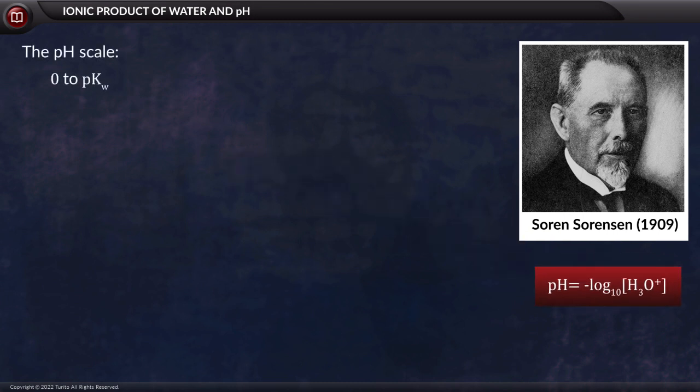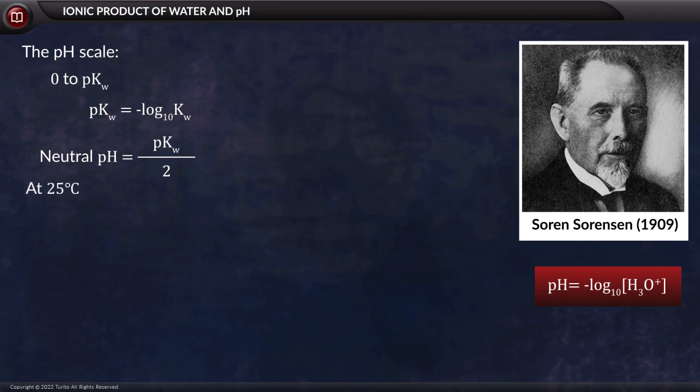The scale of pH starts from 0 to pKw, where pKw is equal to minus log to the base 10 Kw. Also, the neutral pH is pKw by 2. Thus, the upper limit of pH and neutral pH both depend on the ionic product of water.